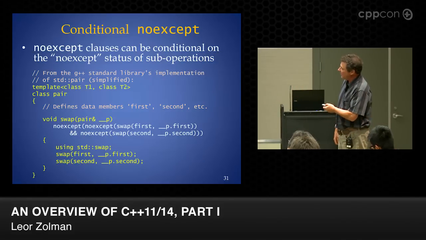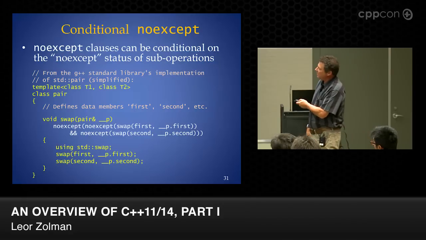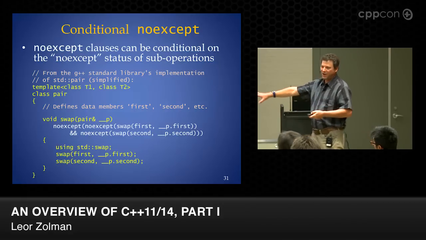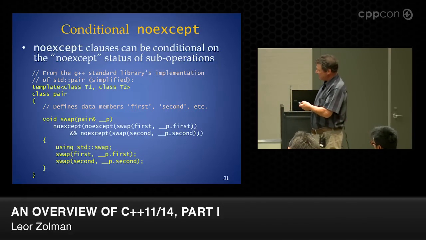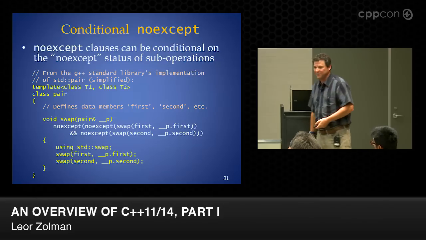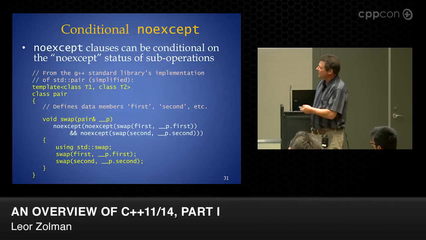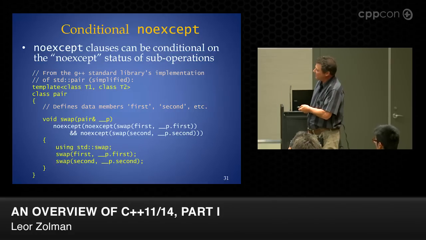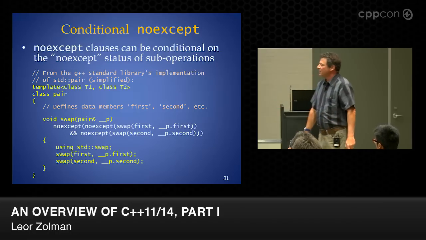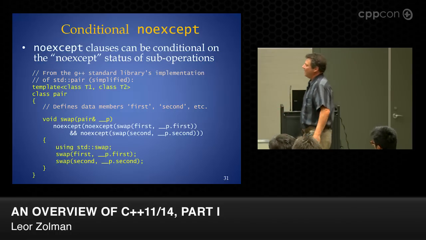If you have this pair class and you want to supply a member function for swapping, and the types that make up your pair are T1 and T2, and you don't know anything about their characteristics, how can you promise swap is going to be a non-throwing operation? For all you know, the member function swap of the first type T1 and the second type T2 might throw. So there's a way to deal with that.